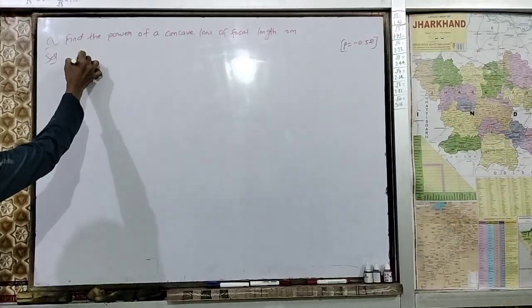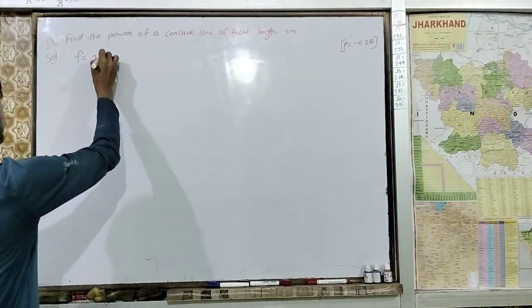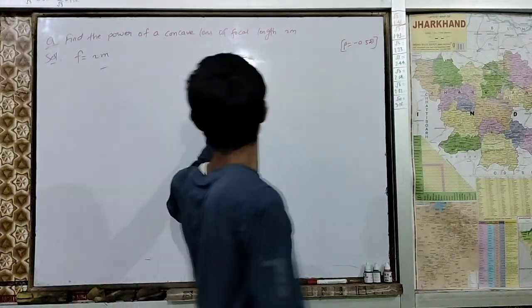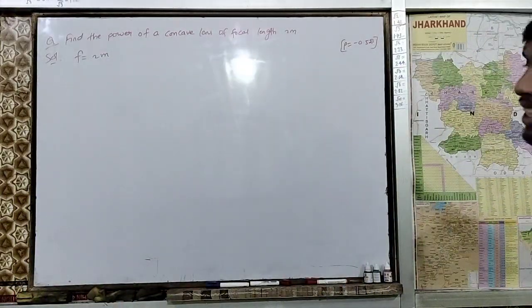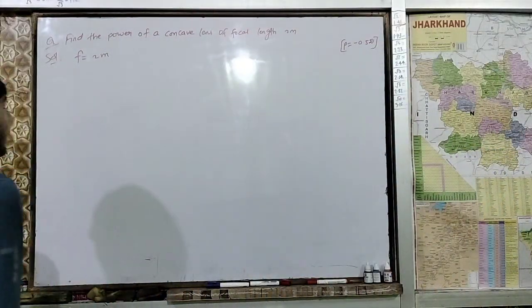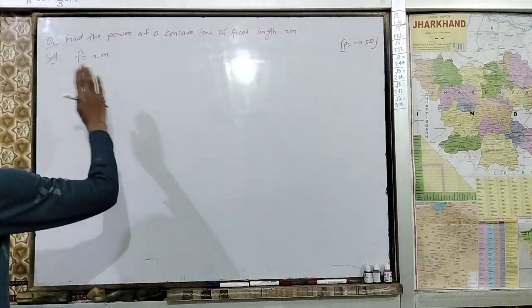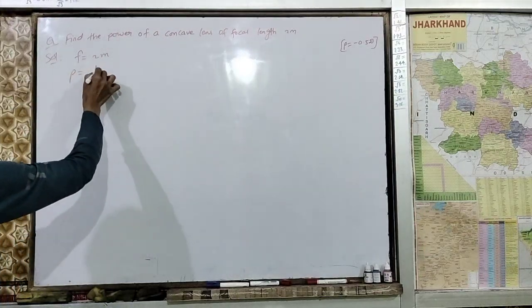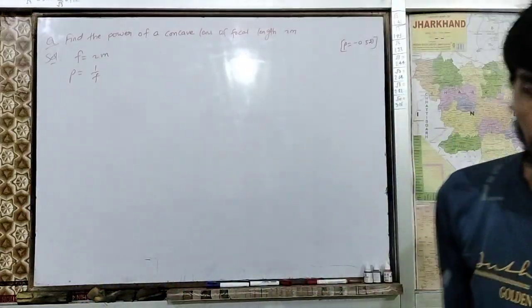So here f is given, which is 2 meter. Remember, the SI unit of power of a lens will be what? Dioptre. So power of lens is equal to 1 upon f.